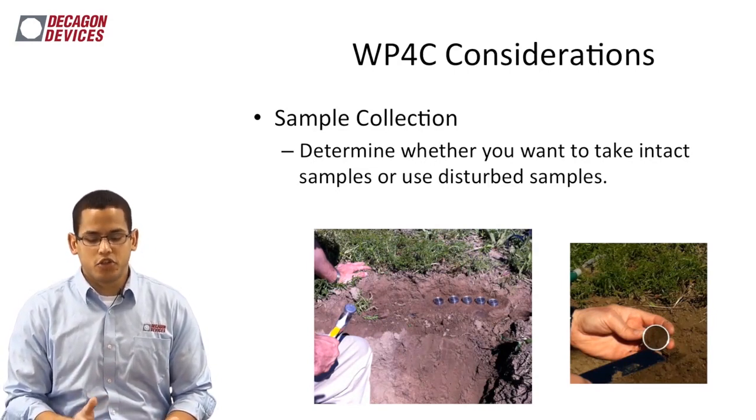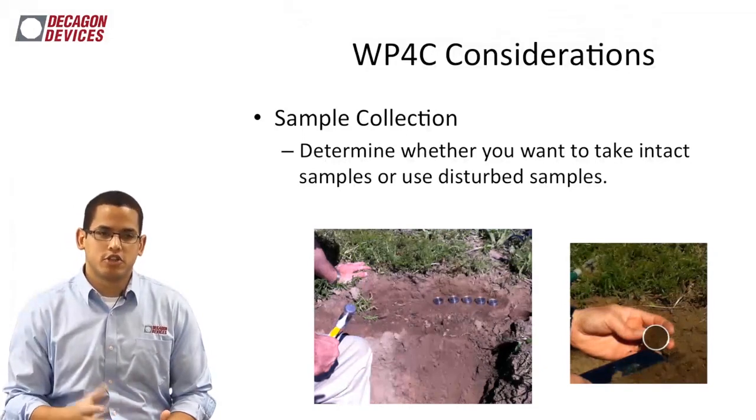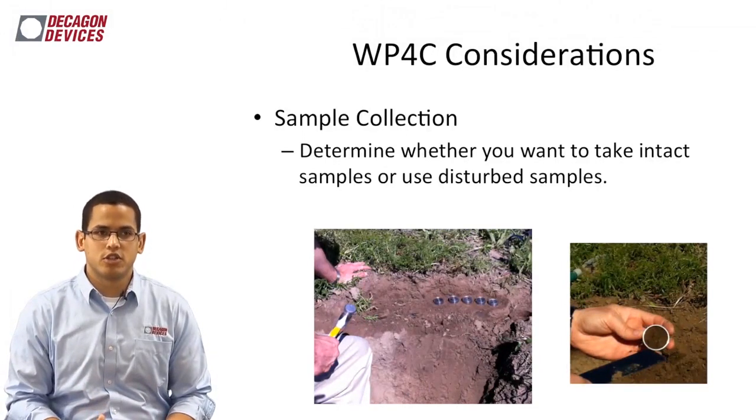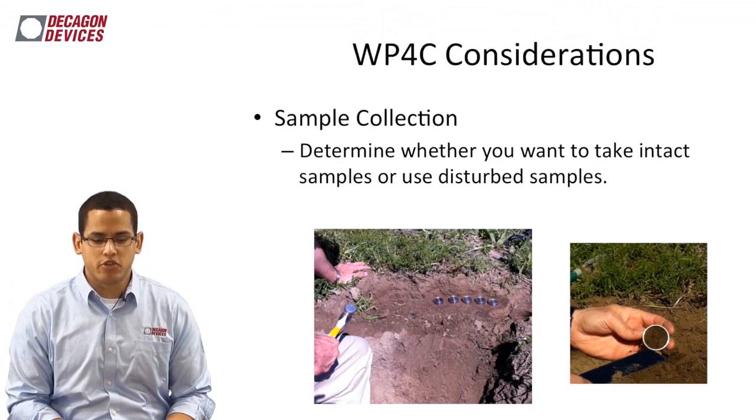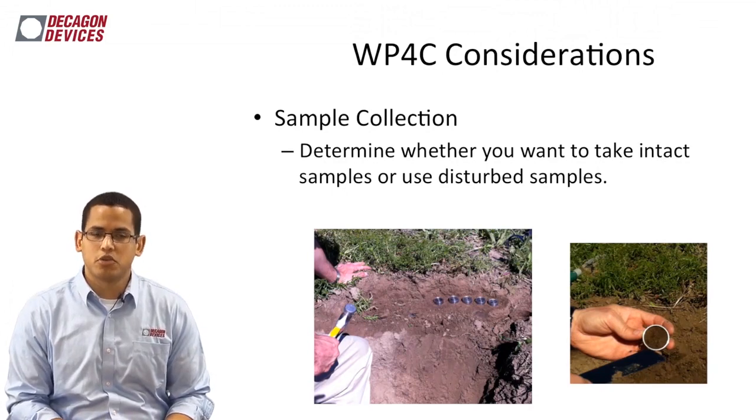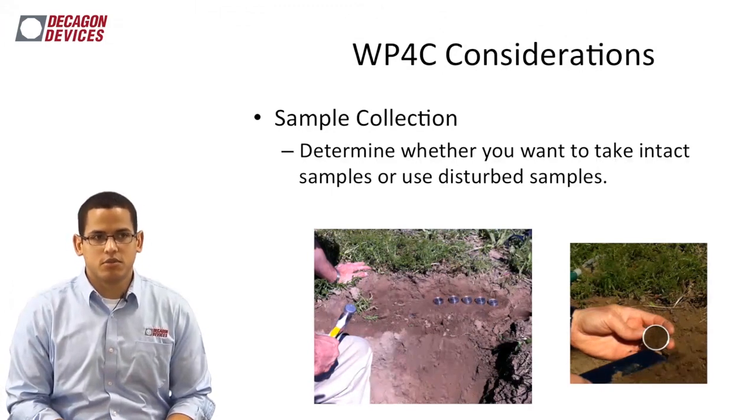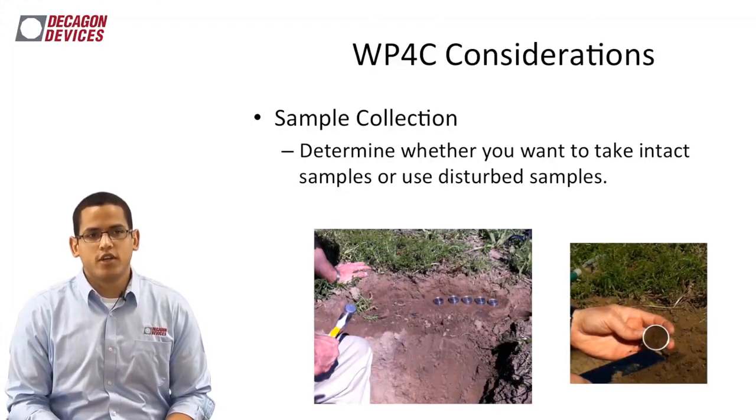But if you're using intact samples and you're trying to push into this wet range, you might want to consider taking intact samples for both instruments, say, for example, an intact sample with the HYPROP and an intact sample for the WP4C. And this is possible with the stainless steel sampling cups.